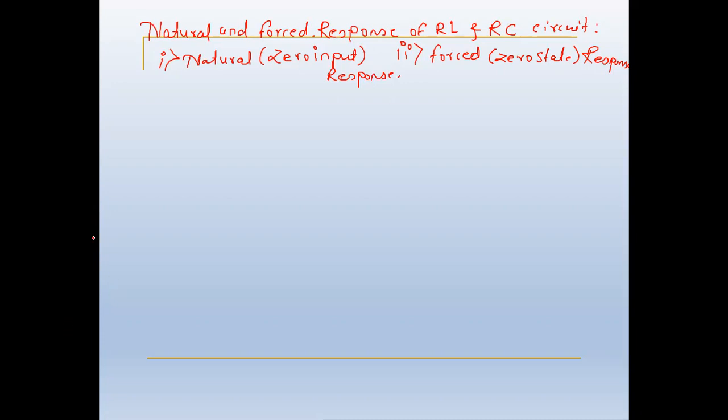So what is this zero input response? As the name indicates, input is not applied to the circuit.